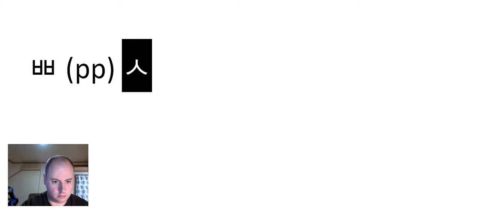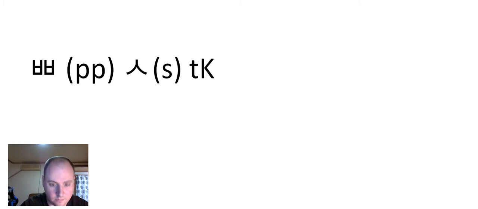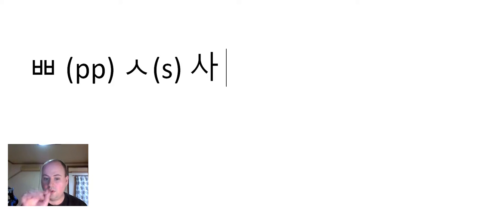Next one is that. Now, this one confused me for a long time. It is an S sound. So if you wanted to say the sound sa, you'd literally write like, not that. You'd literally write like that. Sa.